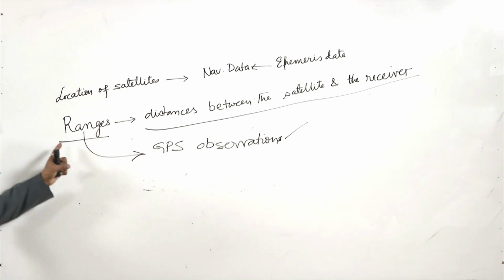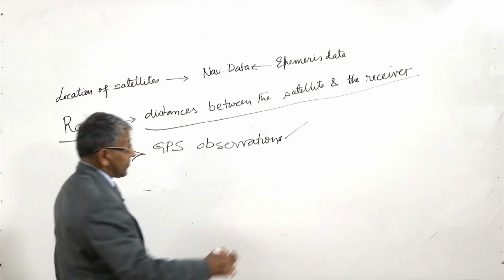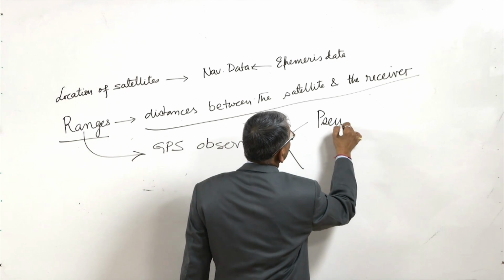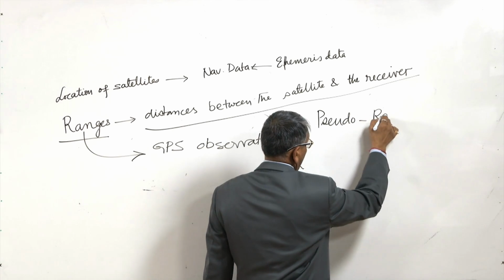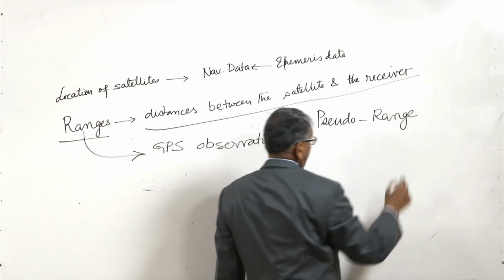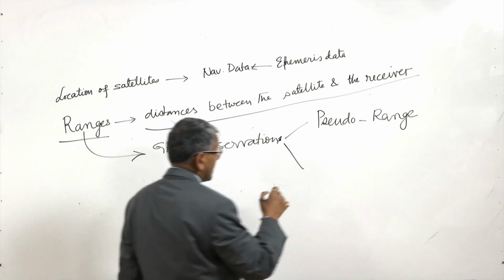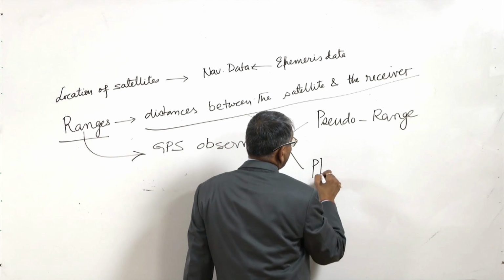Now these ranges are available in two ways. One is called pseudo range, and the other is called phase observables.